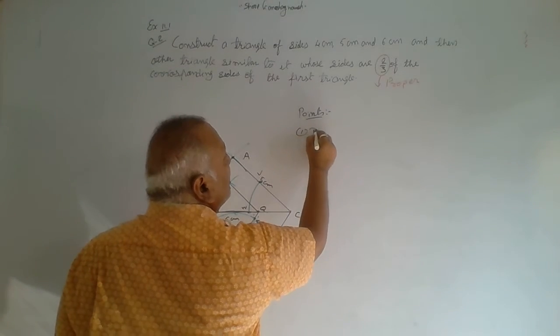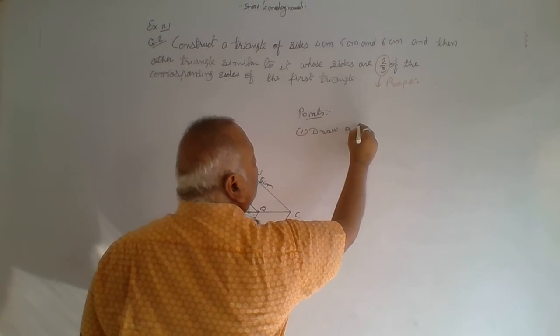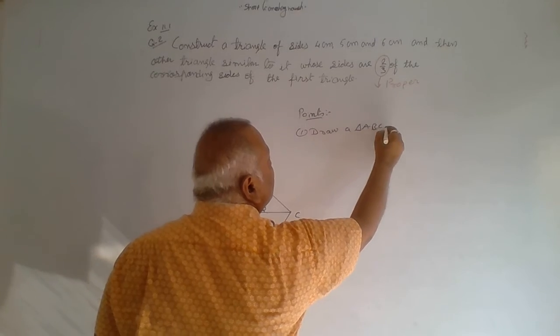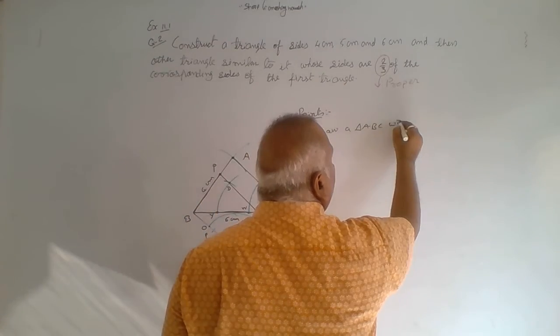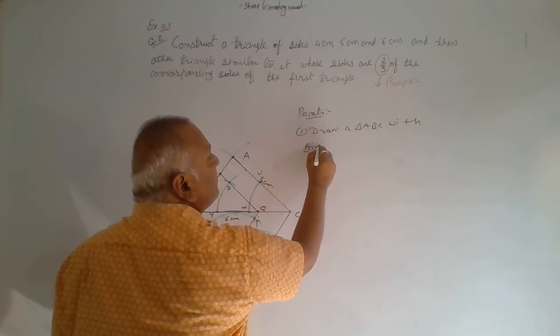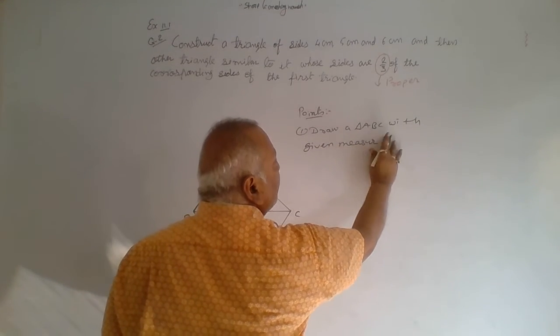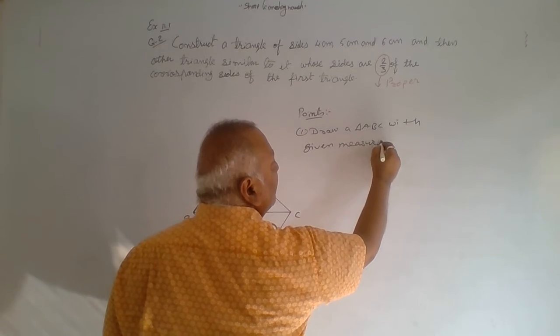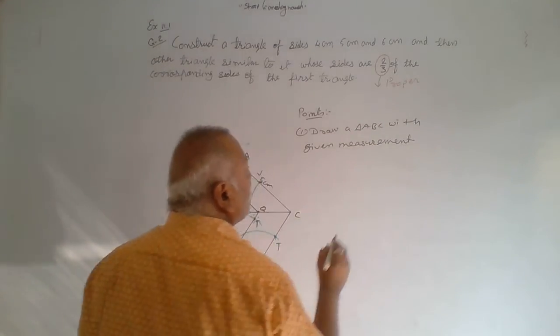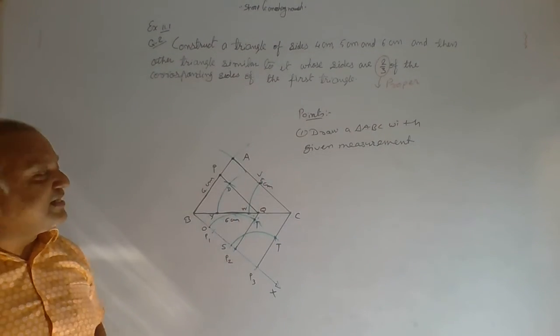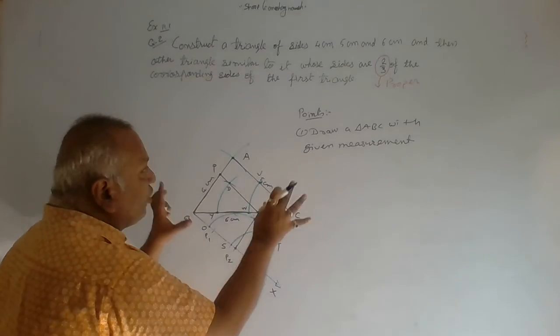So first draw a triangle ABC with the given measurements. I have constructed triangle ABC. It is not necessary to show all these.